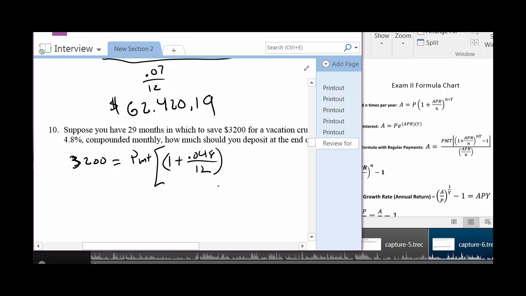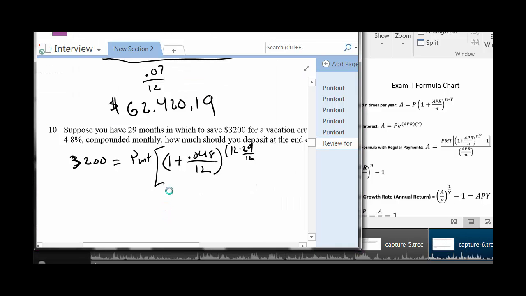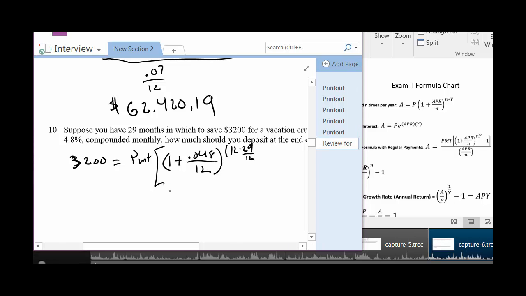And I want to raise that to the 12 times, let's see, 29 months. Ooh, that's kind of tricky. So I want to convert that in terms of years. So 29 divided by 12, a lovely exponent there, minus 1, divided by, and then I have that APR over N, so the 0.048 divided by 12.